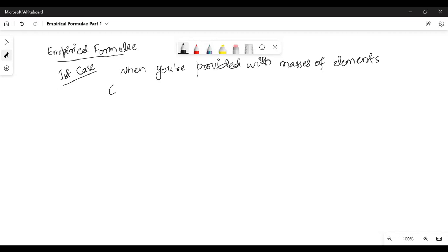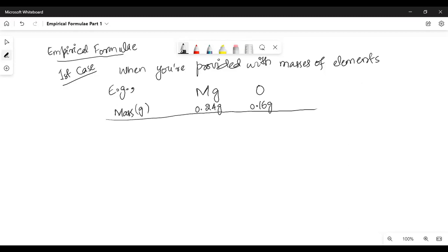For example, let's go with the first example: Mg and O, 0.24 gram and 0.16 gram. This would be part of the question, so we understand that we have been given mass in grams for individual elements.